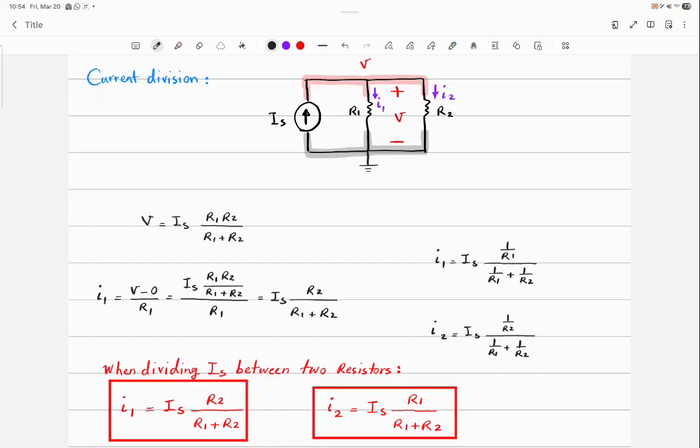Since most of the time it is actually two resistors, the red ones are more common, but if it is more than two, you better use those ones. So let me put these in a box as well, so you remember to memorize them.